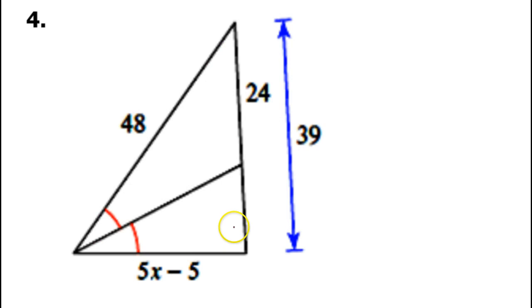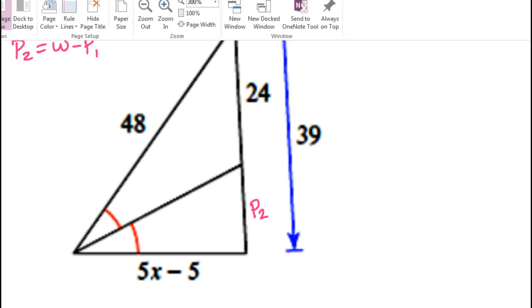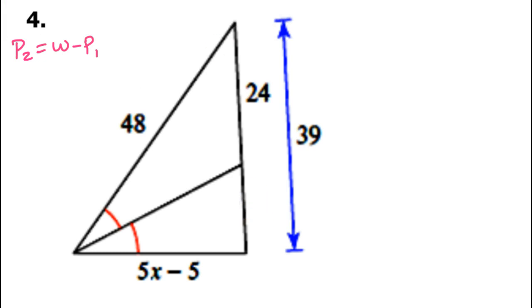Okay, and this is another one of those problems where we have to find part 2 in order to do the problem. So remember that part 2 is always going to be the whole thing minus part 1. So that's going to be 39 minus 24.